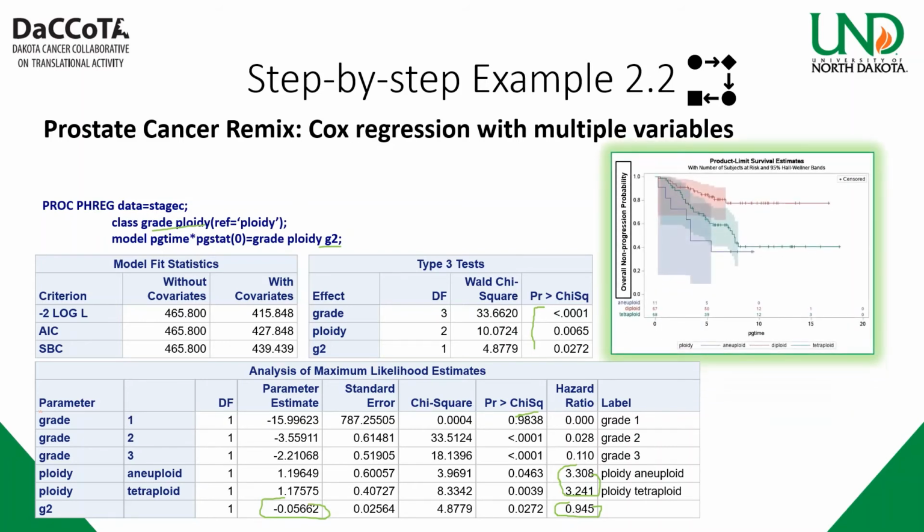And again, keep in mind this plot that we made earlier. We can kind of compare the aneuploid and the tetraploid. And again, we can see that these are clearly higher hazard than our diploid.